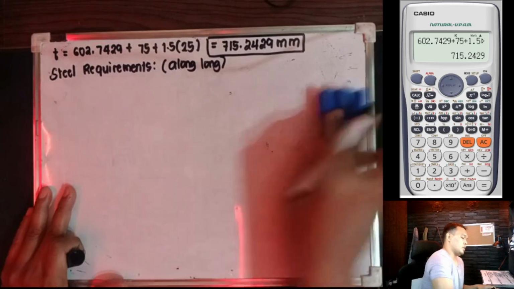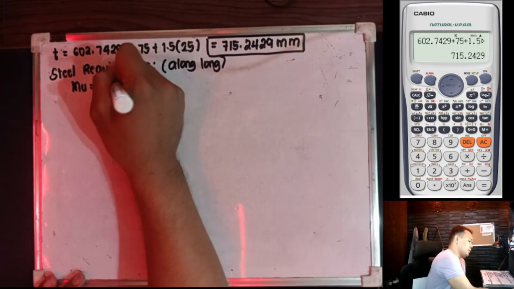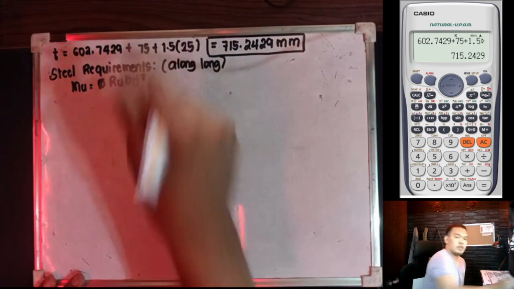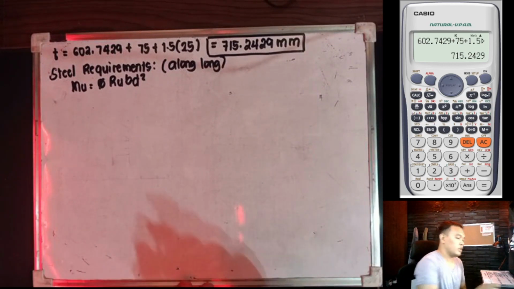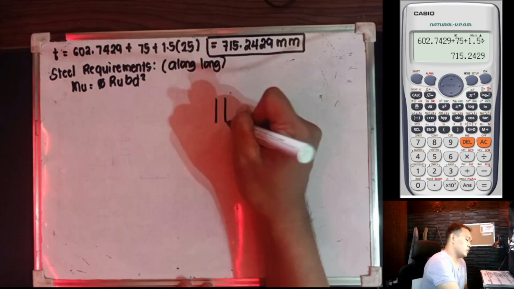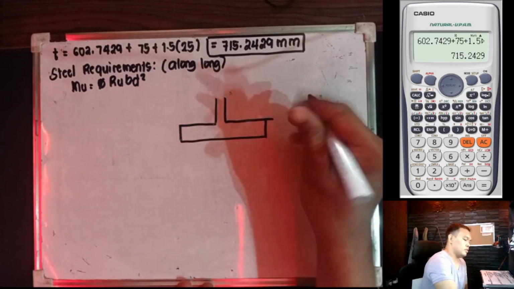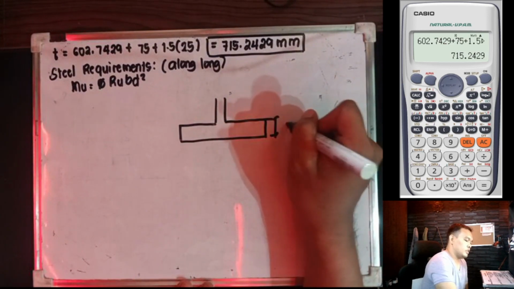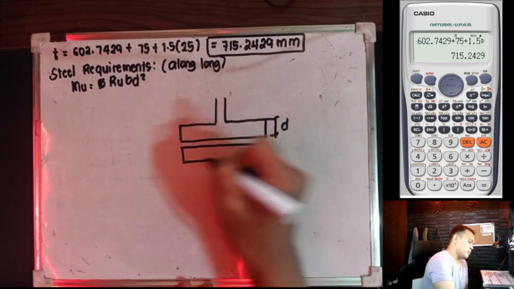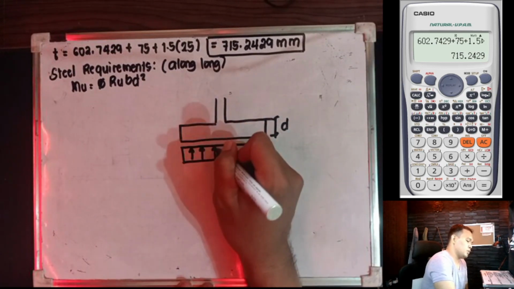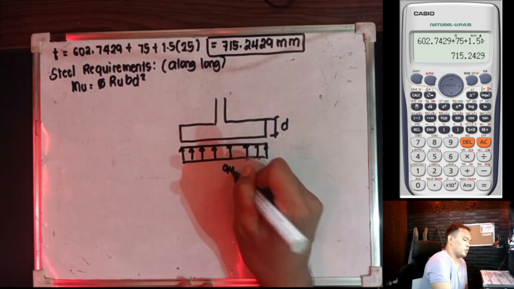So, sabi tayo, MU is equivalent to phi RU BD squared. Okay? So, para makompute natin yung MU, pakita ko sa inyo kung ano yung MU na yan. So, kung meron tayong column dito, at meron tayong pundasyon na to, ito ay si D. Then we have here unit width of ultimate soil bearing capacity QU. Ito.